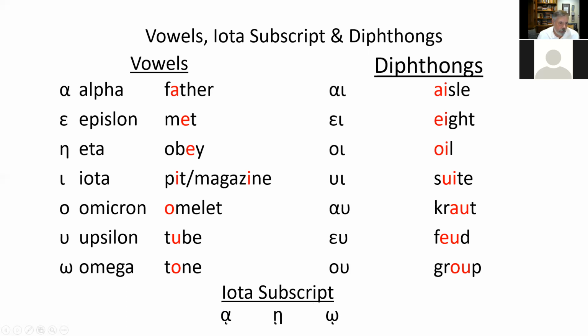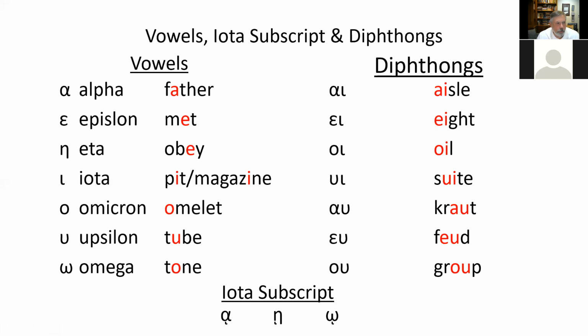That's a tiny iota there. There's no sound associated with the iota, so this is just alpha, eta, omega. They make the same sounds. The iota does not have a sound here. Does that make sense? Can you say it again?